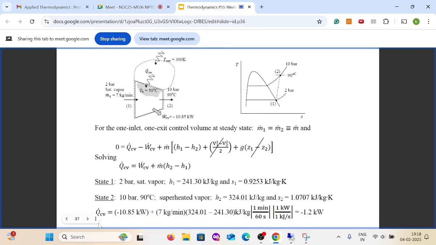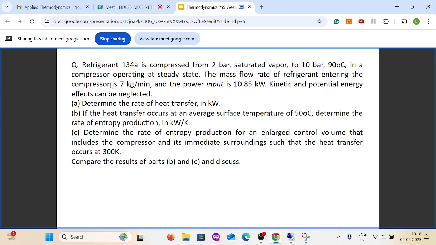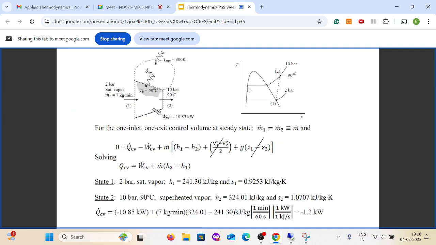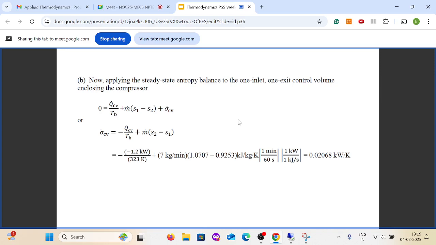Substituting that, Q is minus 10.85 because the compressor consumes 10.85 kilowatt, plus 7 into the enthalpy change, so that comes out to be minus 1.2 kilowatt. Minus 1.2 says heat is rejected.